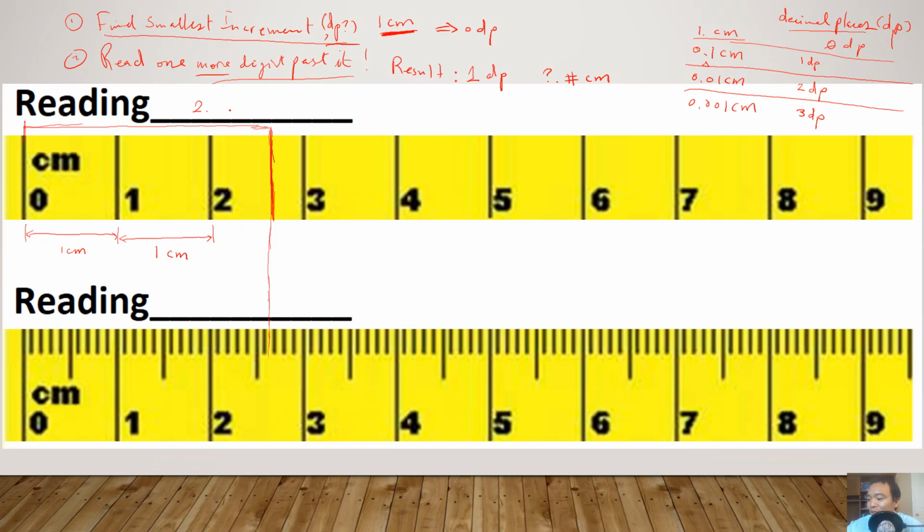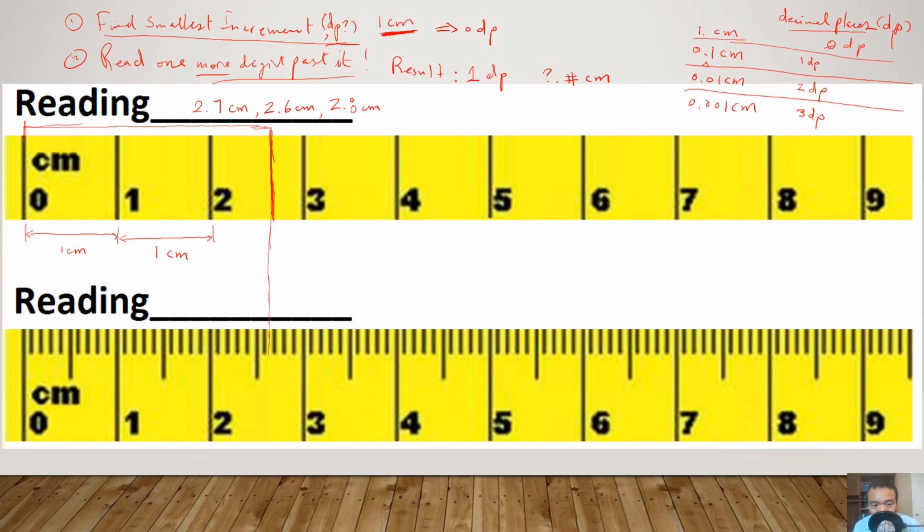To me, I think it's probably 2.7 centimeter. But if you have more students, some students might say it's a little bit to the right side of the middle, so I'm going to record it as 2.6 centimeter. And some might say, I think it's a little bit more than that. It's 2.8. All of these numbers will be considered as correct. As you notice, the last digit is slightly different. That's why the last digit and the last digit only is the estimated number.